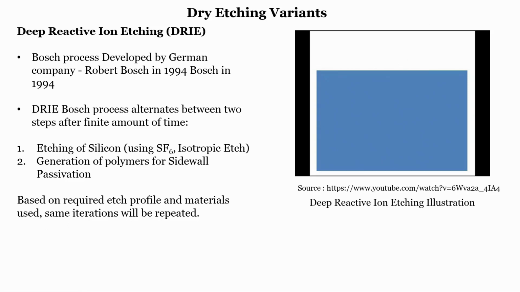The main idea of the DRIE process is that the etching of silicon can be done using SF6 as an isotropic etch, and generation of polymers for side wall passivation can also be done in DRIE. Based on the required etch profile and material used, some iterations can be provided. So, you will see the DRIE in this particular video, and in the next video you will understand how it is done. Let me play the video for you.